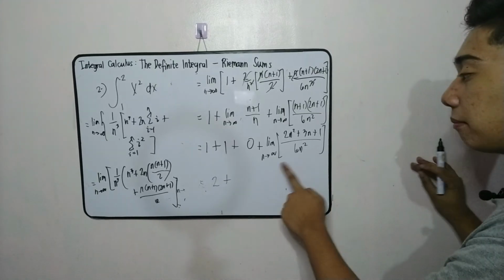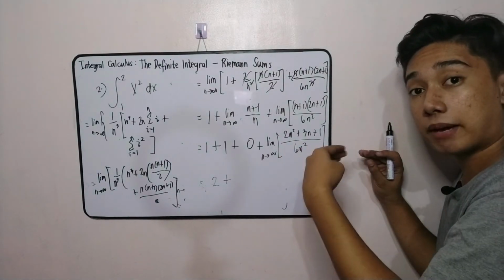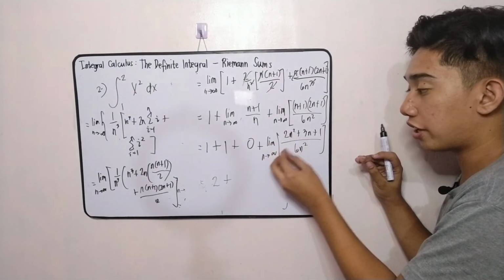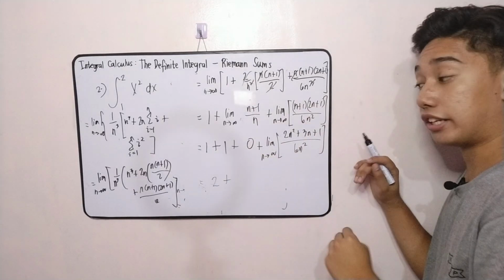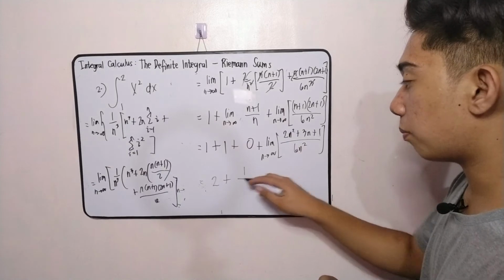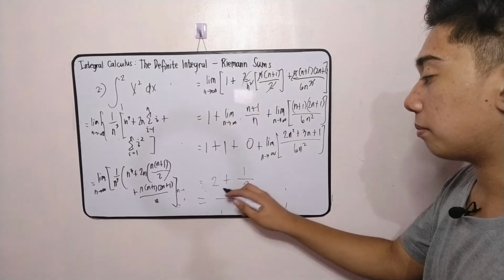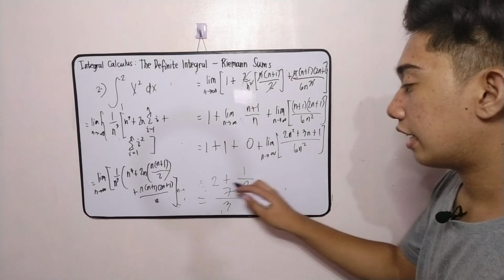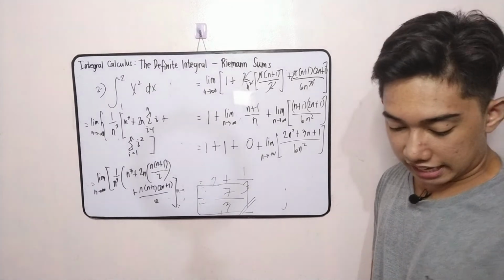Then, plus the limit of, whatever the result here, remember, if we separate again by algebra, this becomes 1/3. And this one, the rest is 0 because of limits at infinity. So, what remains is 2 plus 1/3. And if you add 2 and 1/3, the result will be 7 over 3. And this is your final answer for this case.